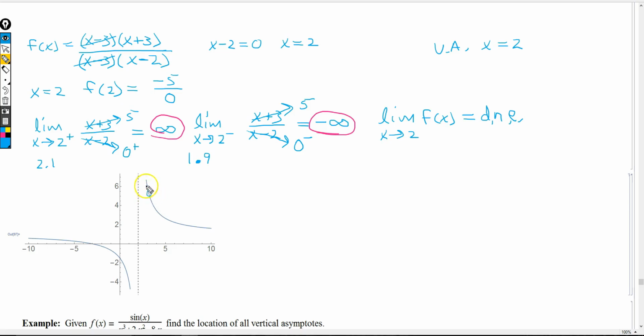Because if I put 3 into that function, I would get back 0 divided by 0. That's undefined. Now, if you were to type that function into your calculator, you would not see that little open circle. Your function won't give that back to you because it's so tiny, it normally just skips right over it. So you wouldn't see it, but it should be there. All right, let's take a look at one more problem.